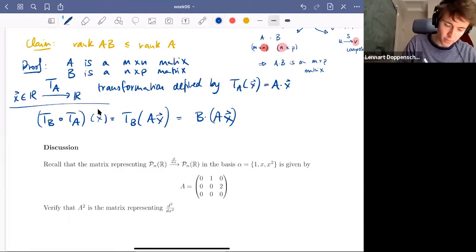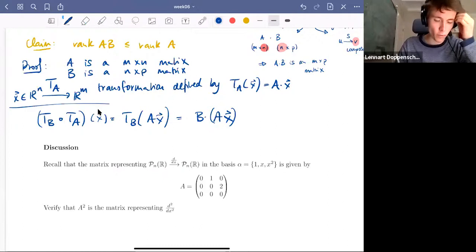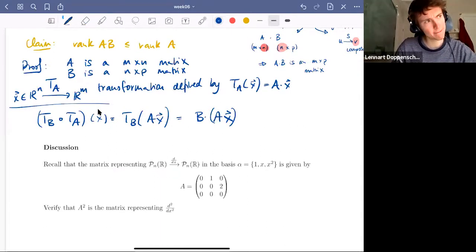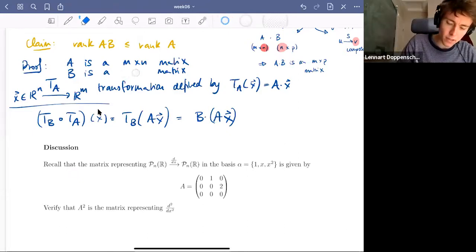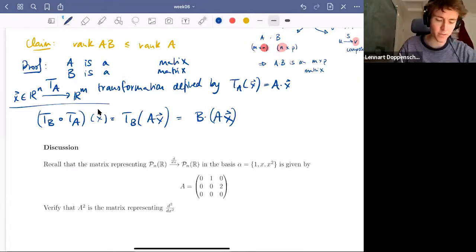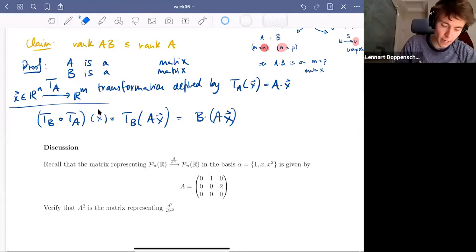So this should be R^n to R^m. Okay, let me ignore these sizes for now. Let's figure this out later, because the point is something else, and I'm already confused now.